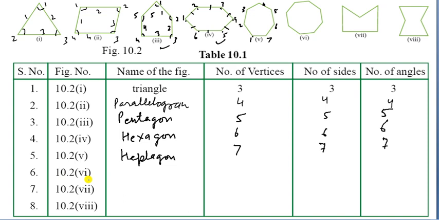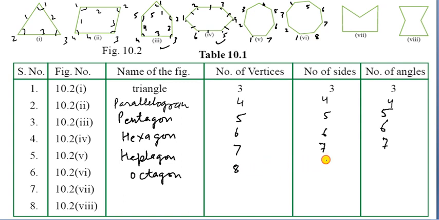Now in the sixth figure of 10.2, you can count vertices 1, 2, 3, 4, 5, 6, 7, 8. So there are 8. So it is called an octagon.